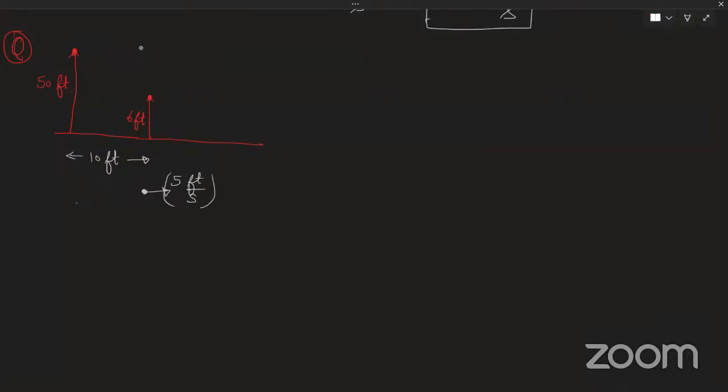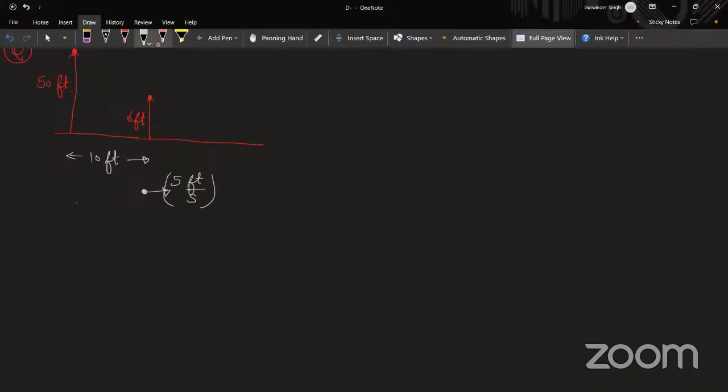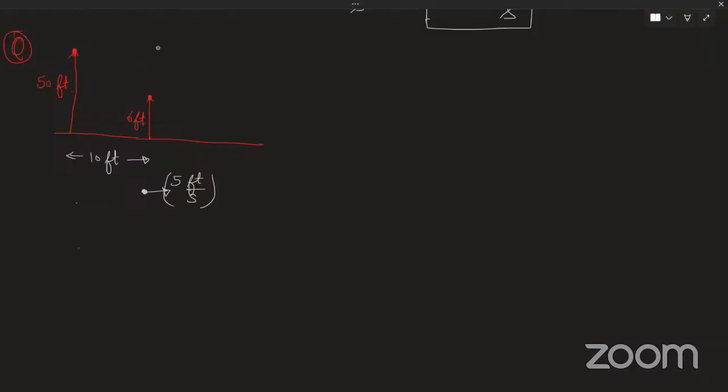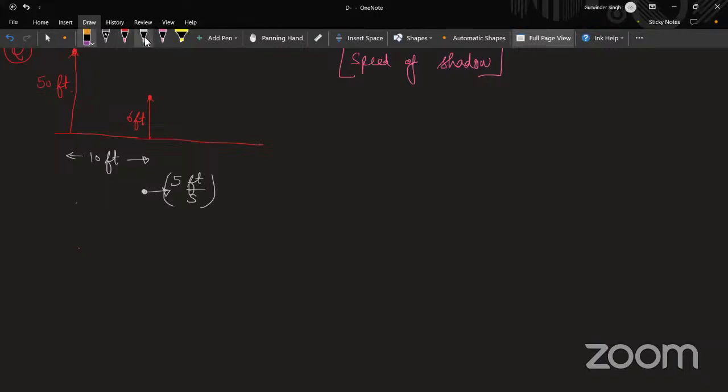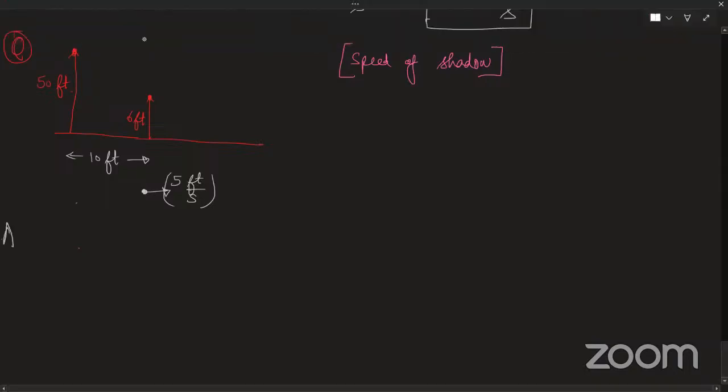It is asked that how fast is his shadow moving? What will be the speed of his shadow? So what I'll do is, again, I'll do the same stuff that I was doing earlier.